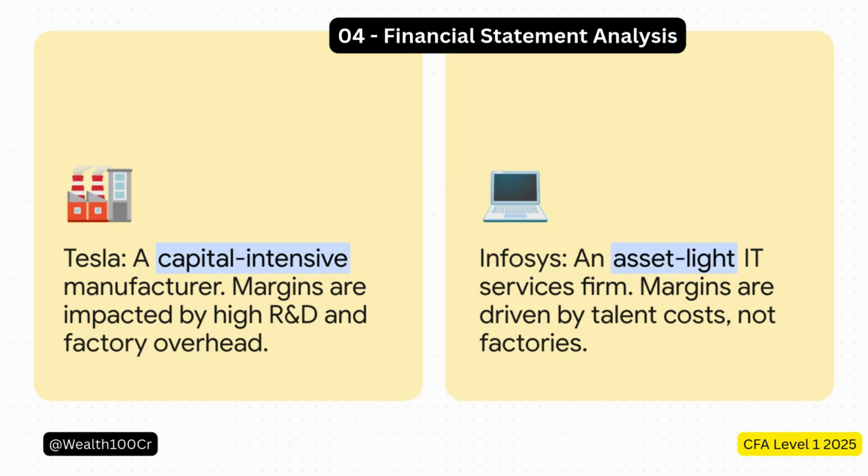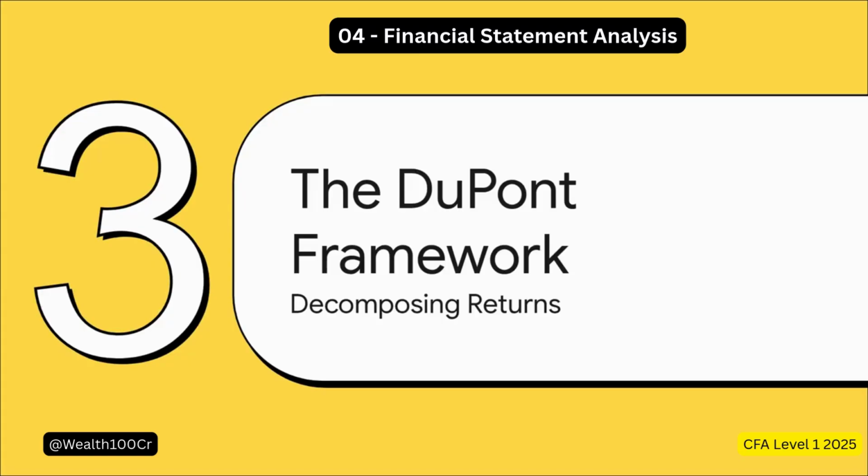Their biggest cost isn't machinery, it's the salaries of their brilliant engineers. Their main asset walks out the door every evening. With lower capital needs, their operating margins can be structurally much higher. This is exactly why you can't just compare a car company to a software company directly. Context is king.